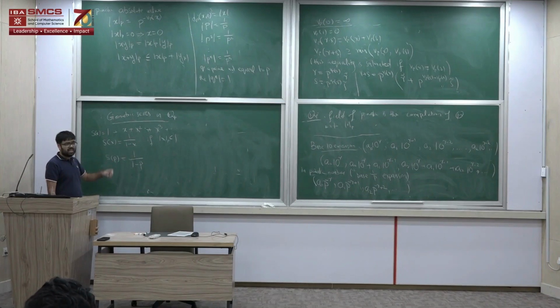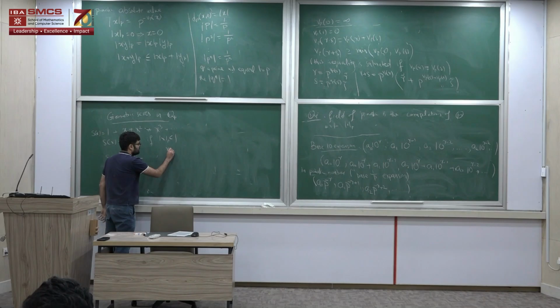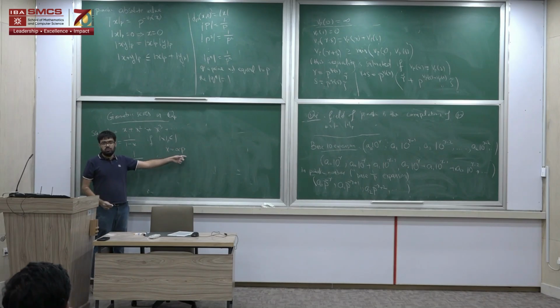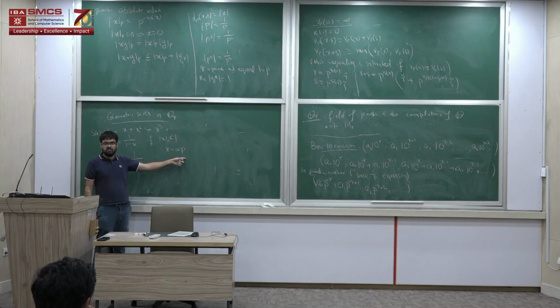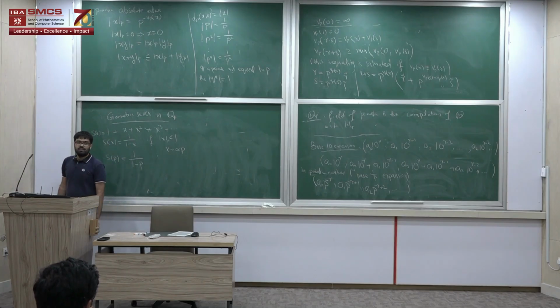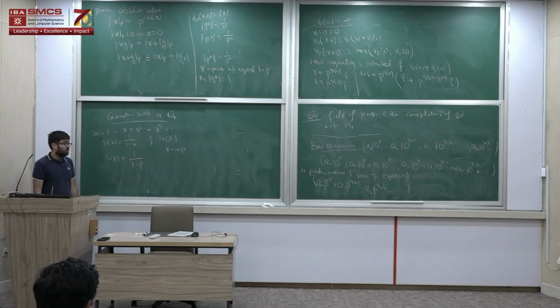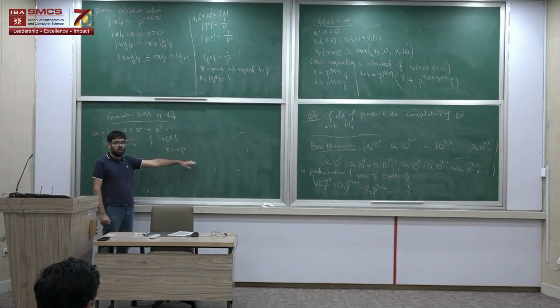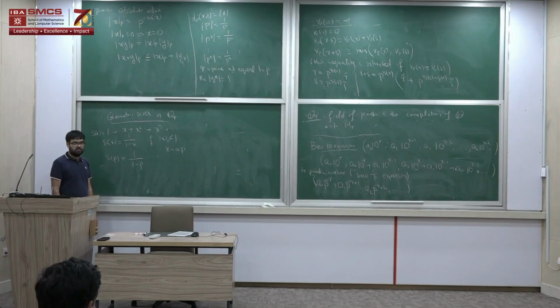I can also take this x to be, let's say, alpha p, where alpha is co-prime to p, and the series also converges. All those x's where p is a factor, with a positive power. If it's negative power, it will not converge, right?